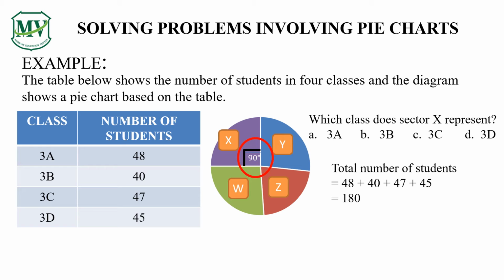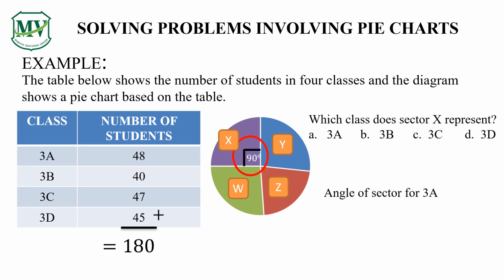The total number of students is equal to 48 plus 40 plus 47 plus 45, and that is equal to 180. Now, let us calculate the angle of sector for 3A. To calculate the angle of sector for 3A, we are going to use the formula angle of sector is equal to quantity divided by total times 360 degrees.